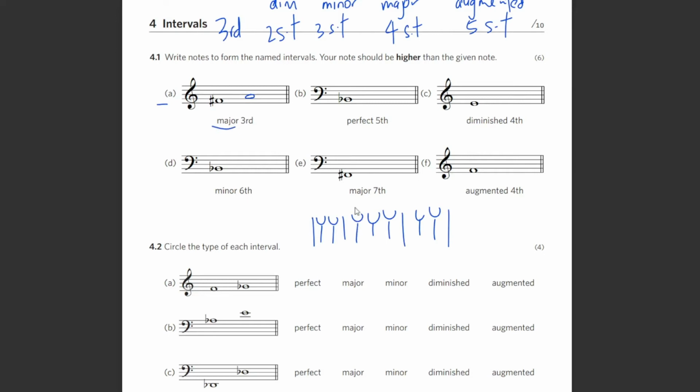I start off with F sharp, and I need how many semitones to make a major? 4. So F sharp 1 to here is 1 semitone, 2 semitone, 3 semitone, 4 semitone. So this note here, in terms of A, is A sharp. So it should be A sharp here. This is how you do this question using the semitone chart. Then I'll show you another method.